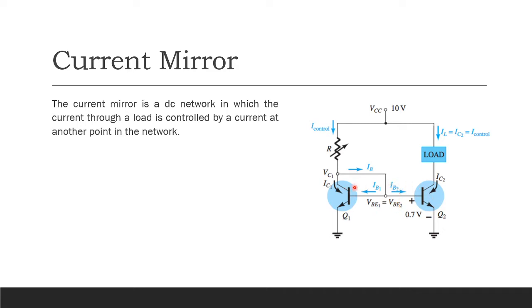Now, since these are the same na transistors, so kung same siya ng characteristic, then ibig sabihin, kapag naka-forward biased yan, same sila ng base to emitter voltage or similar sila ng forward voltage natin. Kung parehas sila ng forward voltage, then parehas din yung mga currents nila.